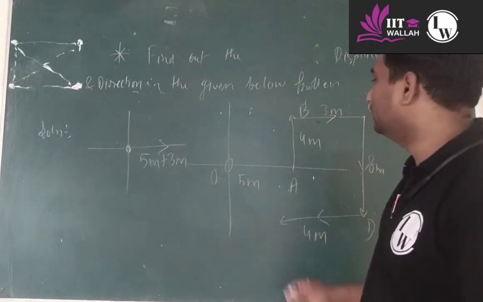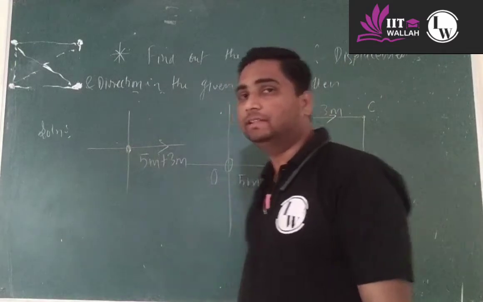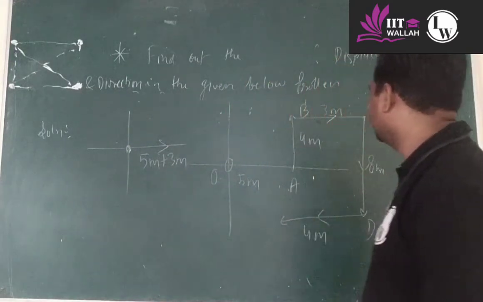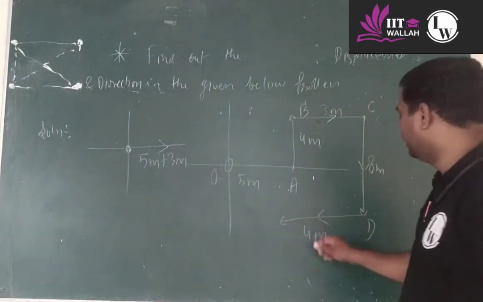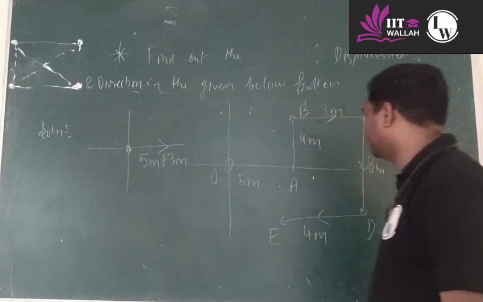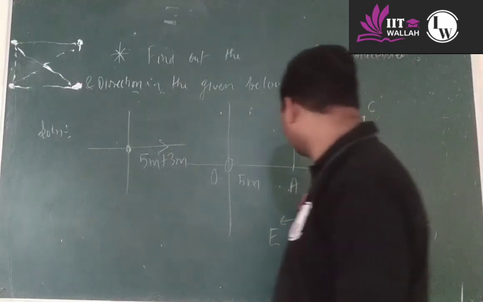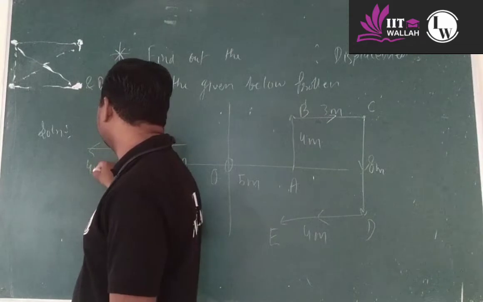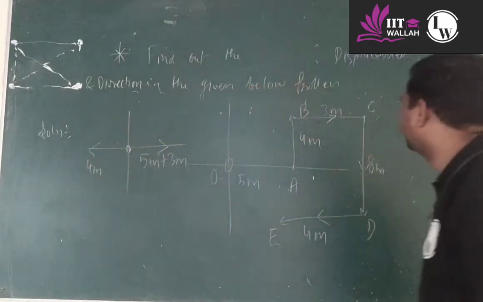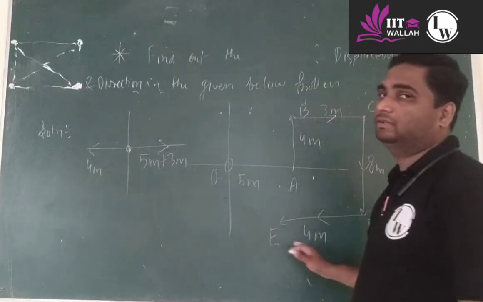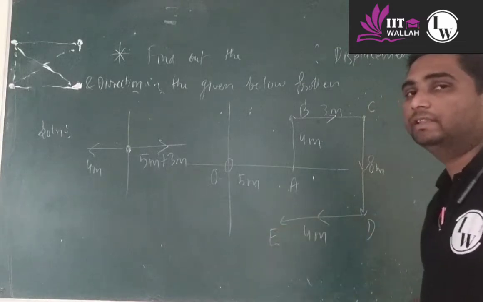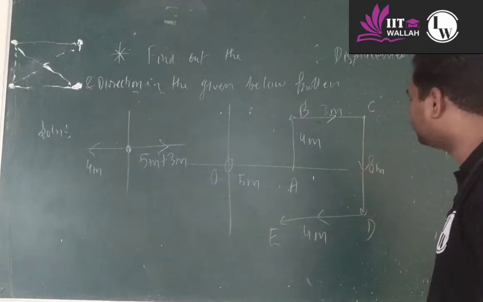Now we have to see the leftward direction. Suppose this point is E. D to E is 4 meter. Any other? No, there is no other motion of the body in the leftward direction, or the negative axis.